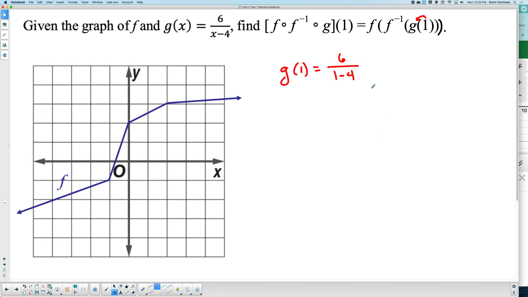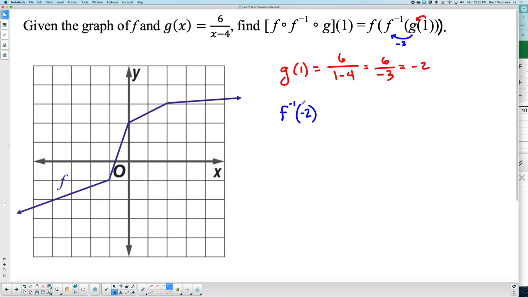What is 1 minus 4? So it's 6 divided by negative 3, which is negative 2. What do I do with this negative 2? You plug it into F inverse. So F inverse of negative 2.